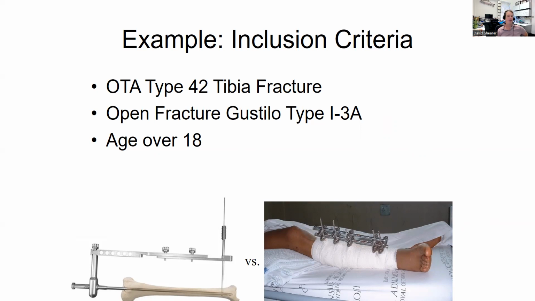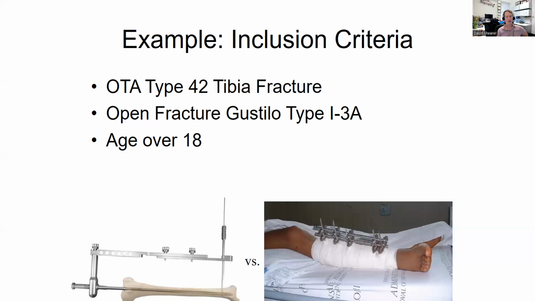We're going to specify that it's Gustilo type 1 to 3A because injuries requiring flaps have a lot of other issues there, they may behave very differently, have much higher rates of infection independent of anything that has to do with our fixation, similar with vascular injuries or other things. And then kids have a very different response to treatment than adults. They heal fractures differently. So we're going to specify adult patients for inclusion criteria.